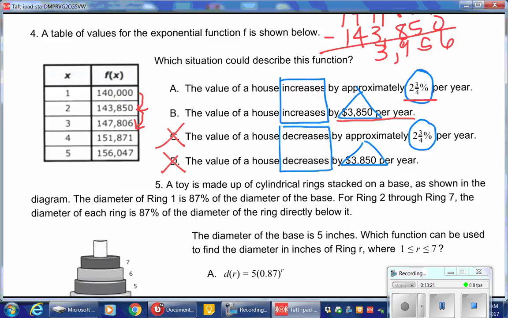So that's an increase. Also, if we're increasing by a set amount every year, that implies a linear function, and it clearly says here for exponential functions. So the answer has to be A.